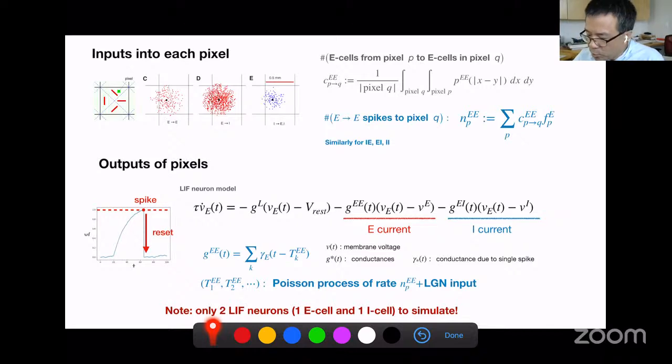I should pause at this point and say that mean field ideas have a long history in neuroscience, and a lot of people have studied mean field models for different purposes. This is one of the points of departure between what we do and a lot of the prior work: the use of a numerical simulation to estimate the response of a pixel.